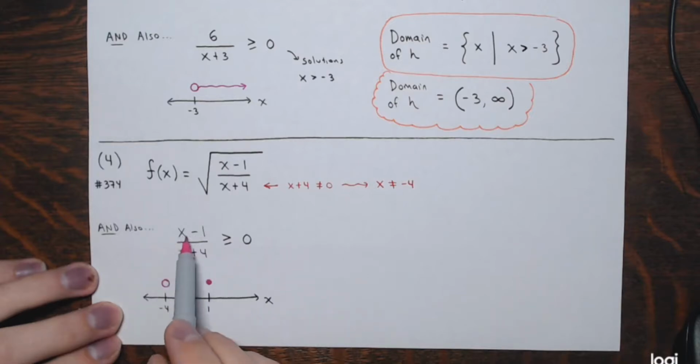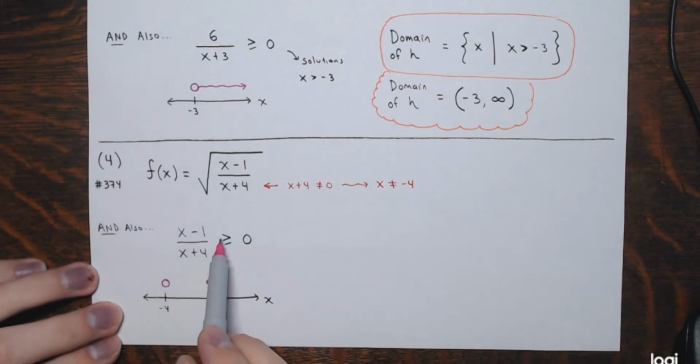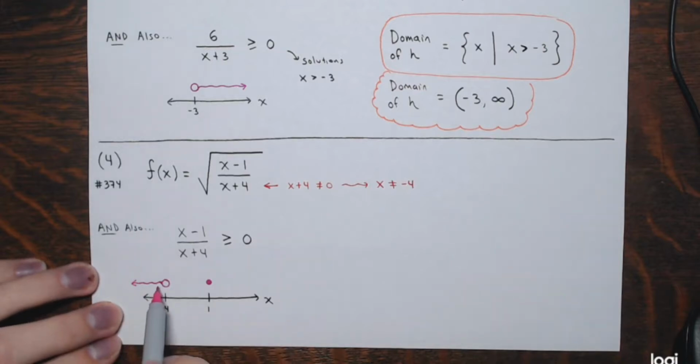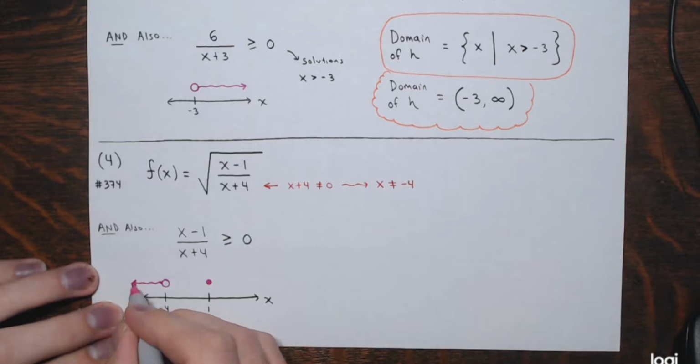Negative 5 minus 1 is negative 6. Negative 5 plus 4 is negative 1. You'd have a positive number, positive 6 on the right. Is that greater than or equal to 0? Yes, it is. So the numbers to the left of negative 4 are solutions, so I'll indicate that. All these numbers to the left of negative 4 forever are solutions of this inequality.